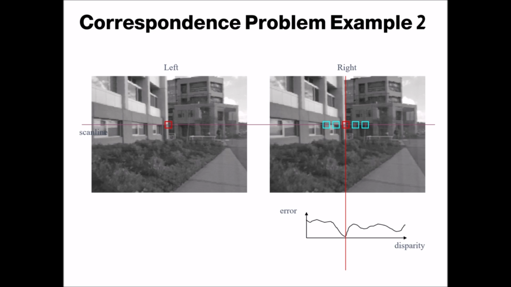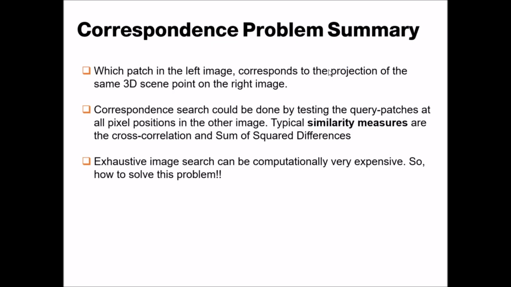So what is the correspondence problem? In summary, use the match between two images to calculate the 3D scene point on the right image. The calculation to make sure that they are matched or near uses the similarity measures, which is the cross correlation or the sum of the square differences, one of them.